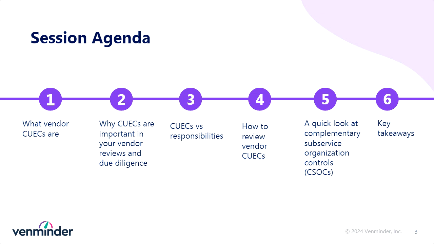And then we'll move to a quick look at complementary subservice organization controls, or CSOCs. We'll look at a couple examples of those and talk a little bit about what the difference is between those and CUEs. And then we will wrap up with some key takeaways. And then at the end, we'll have a little time for some Q&A. So let's get started, and we'll jump right in.